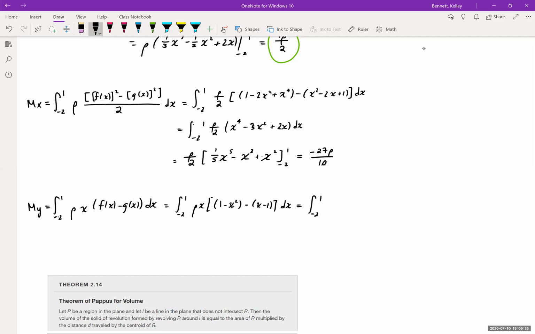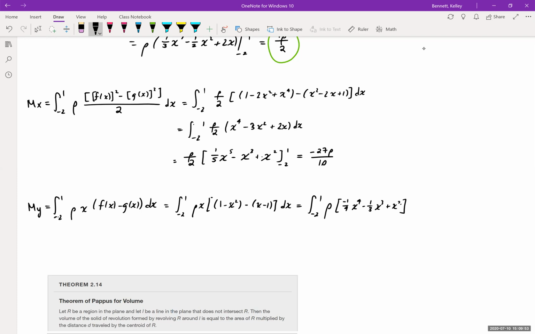Integrating gives rho times -1/4 x to the 4th minus 1/3 x cubed plus x squared.